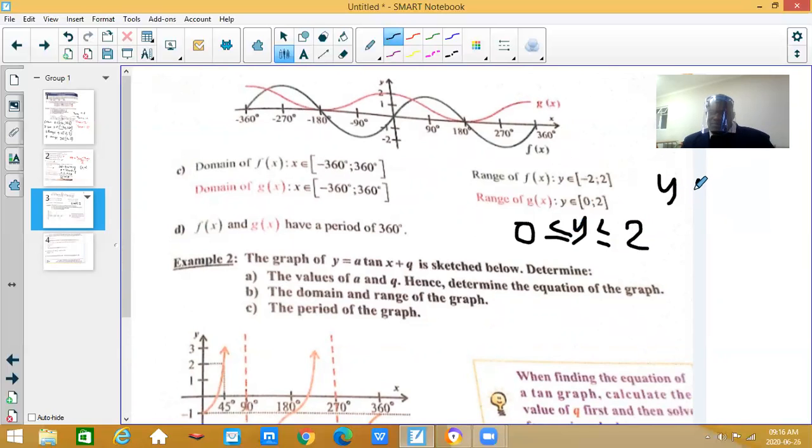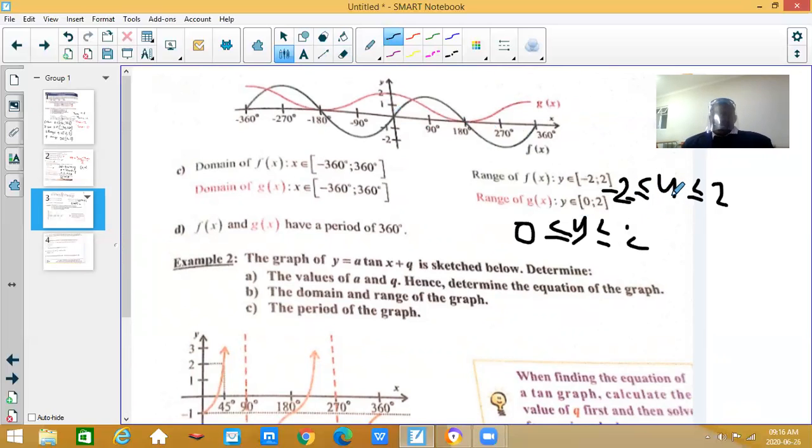It starts from -2 to 2. Now here they put less than or equal to.